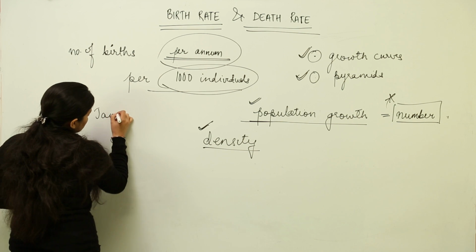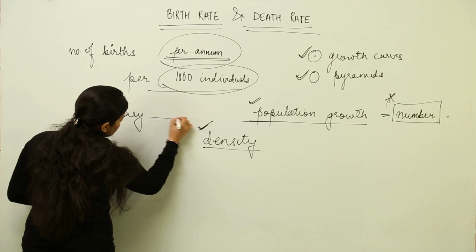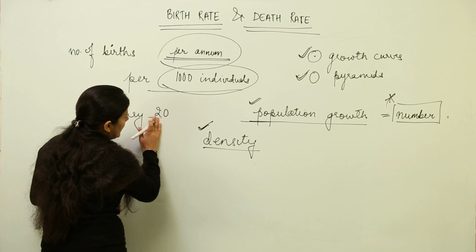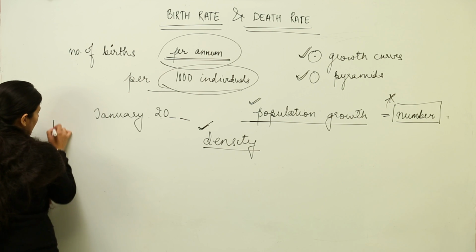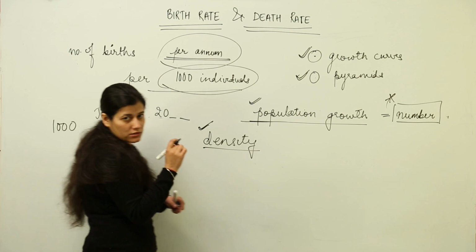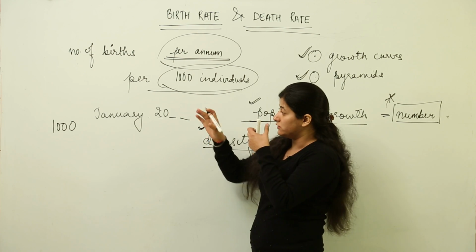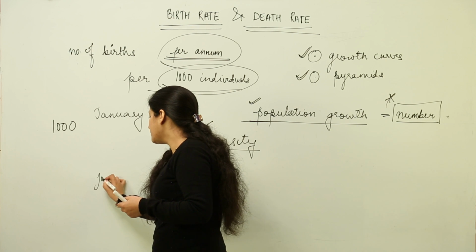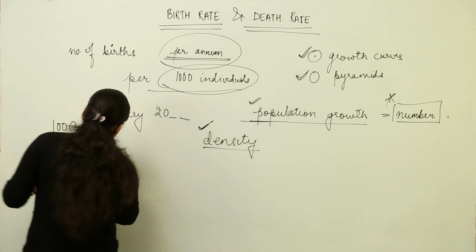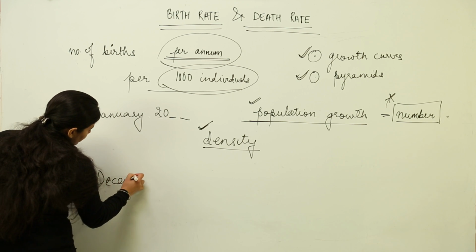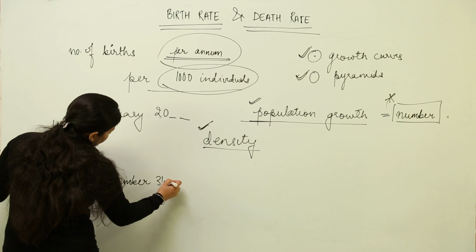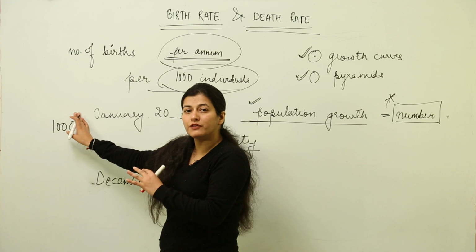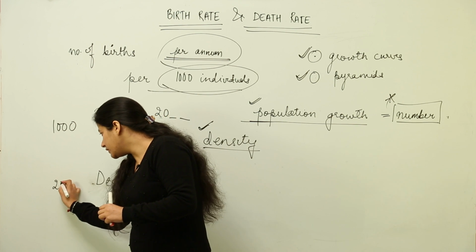Consider January of some year, whatever year you want to put, we have 1,000 human beings, and by the end of the year, that is December 31st of the same year, these 1,000 individuals have given birth to 20 new individuals.